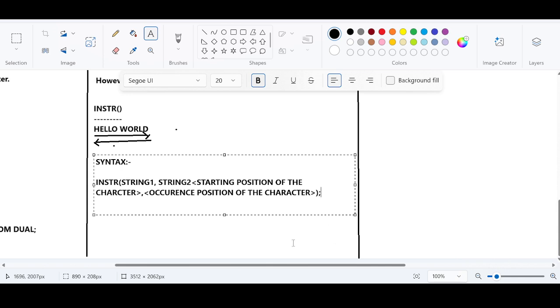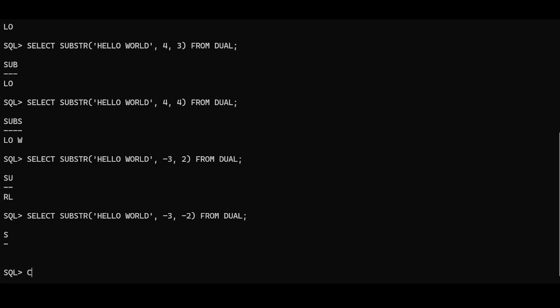To understand this, let me take a small example. Let us take the usual string, hello world, as mstr. First string is hello world. Second string I am taking as the single character e.